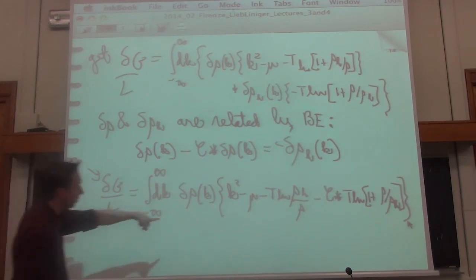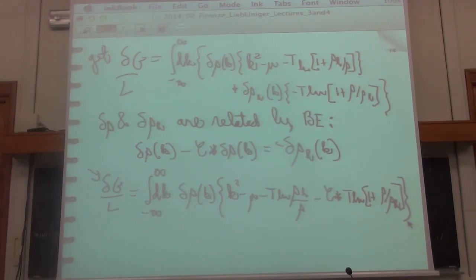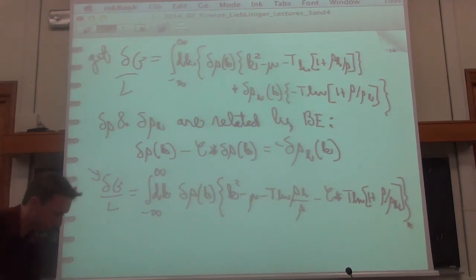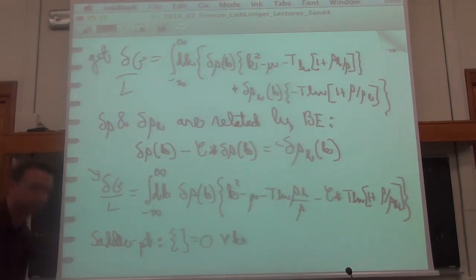Therefore, the expression in curly brackets here vanishes at the equilibrium point. So the saddle point condition is that this thing is equal to 0, for any k.